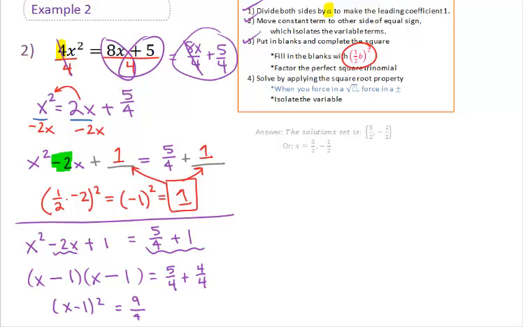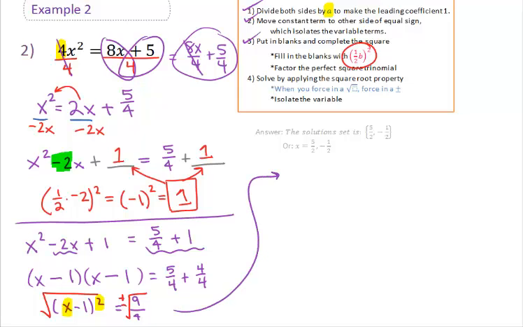Step number 4. I need to solve this one by using my square root property. I have a single x squared. So to get rid of that square, I square root both sides, and don't forget to put in the plus or minus that goes with it.